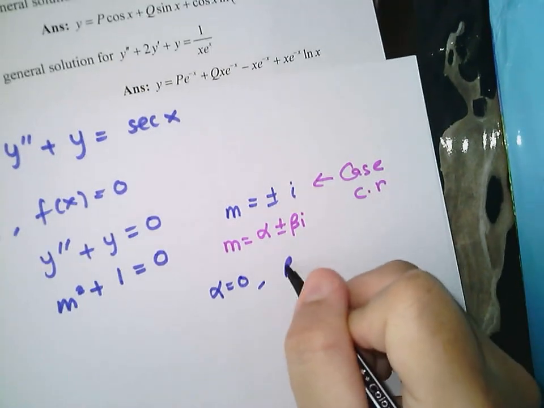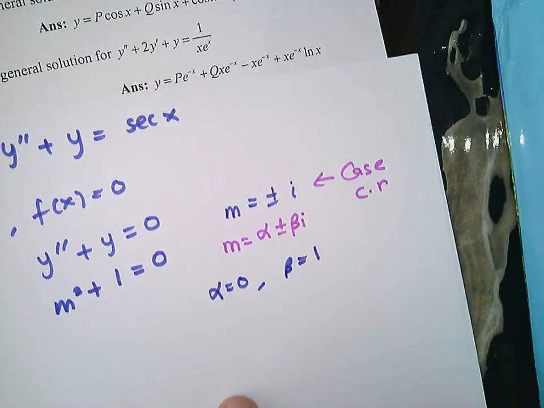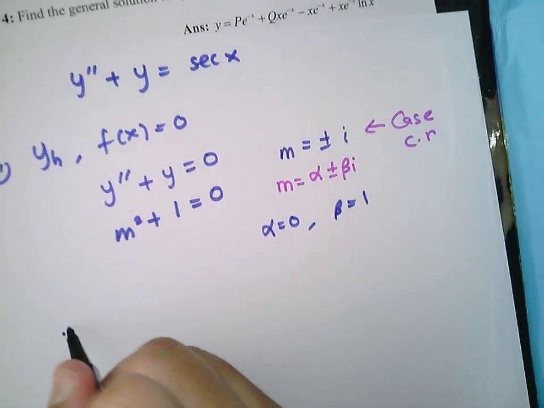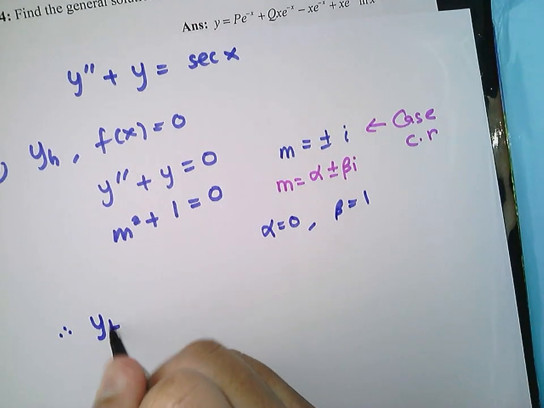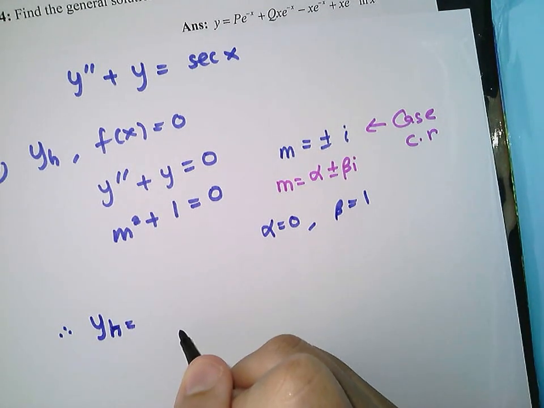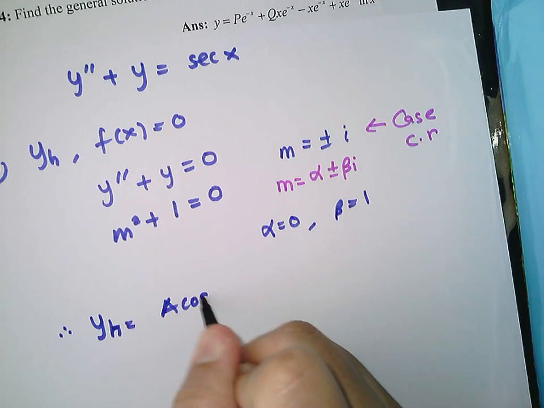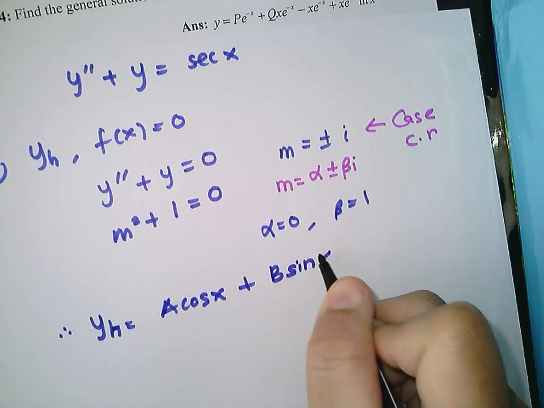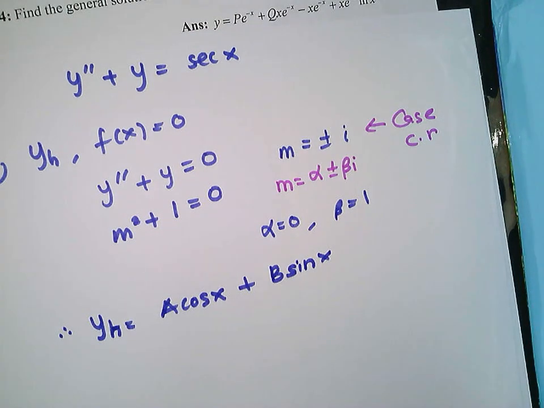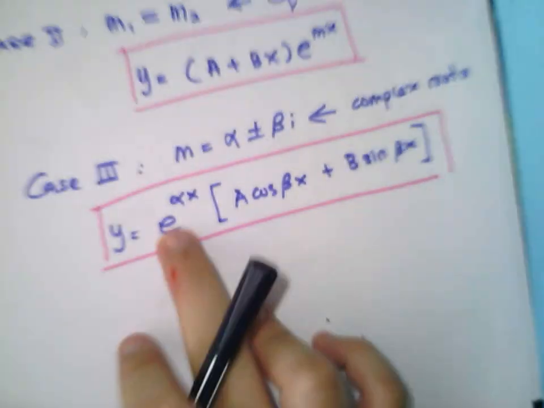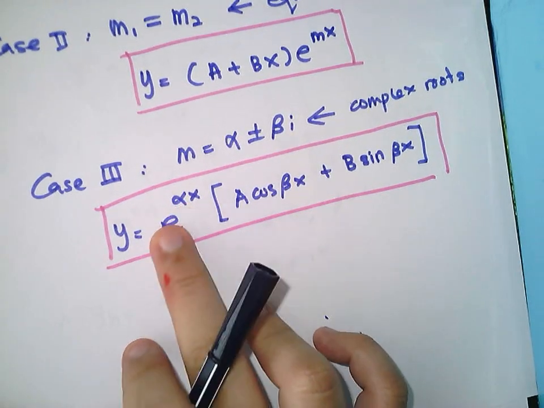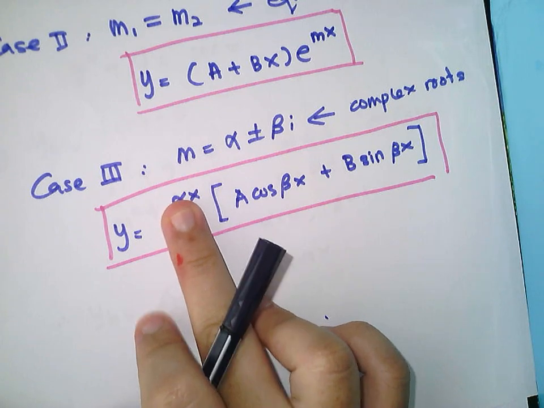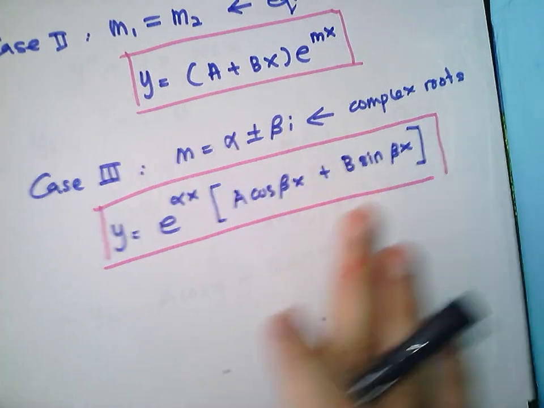Therefore your general solution will be YH is equals to A cos x plus B sin x. We don't have the exponent function in front here, since your alpha is equals to 0, e to the 0 is equals to 1. So therefore you're left with this one.